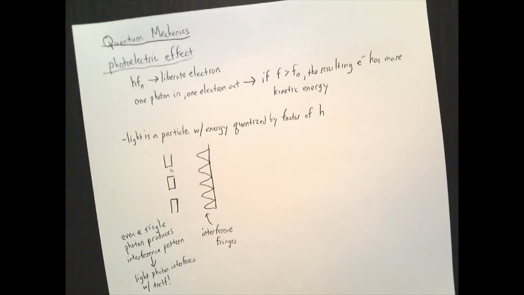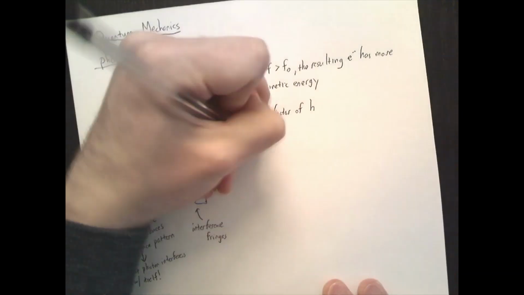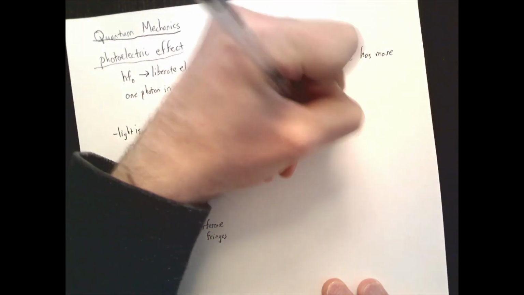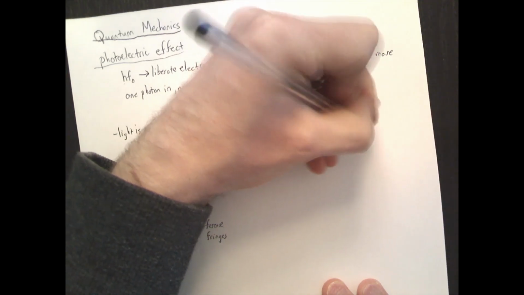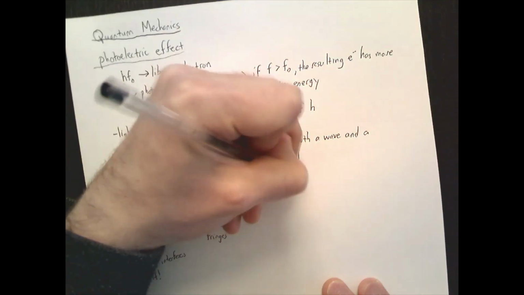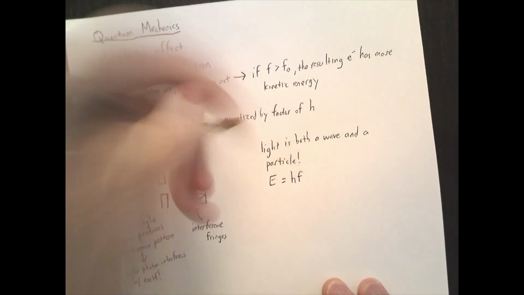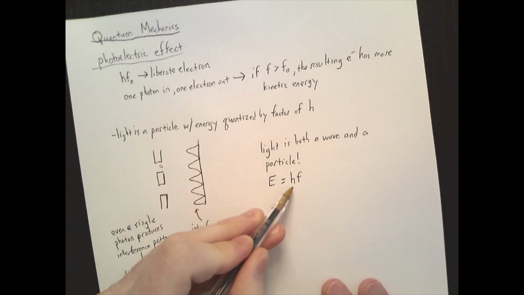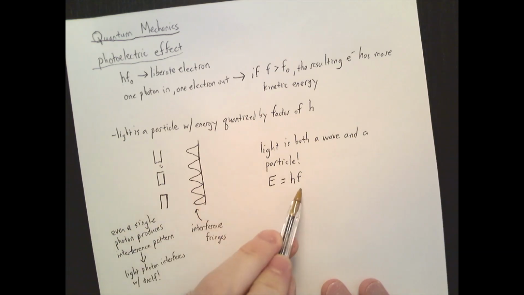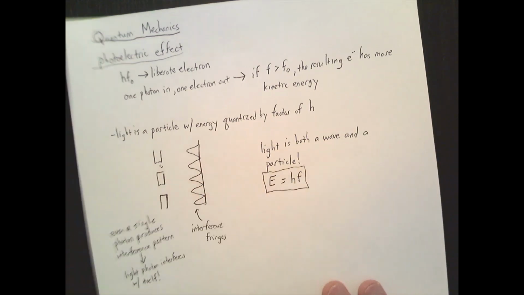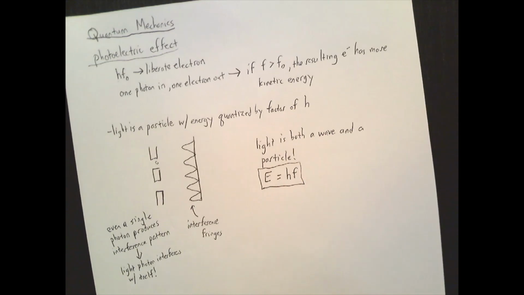We just said light was a particle. So the conclusion had to be light is both a wave and a particle. So the energy is confined in little packets h, but it depends on the wave-like property of having a frequency. So this was our first notion of a quantized little packet of energy.